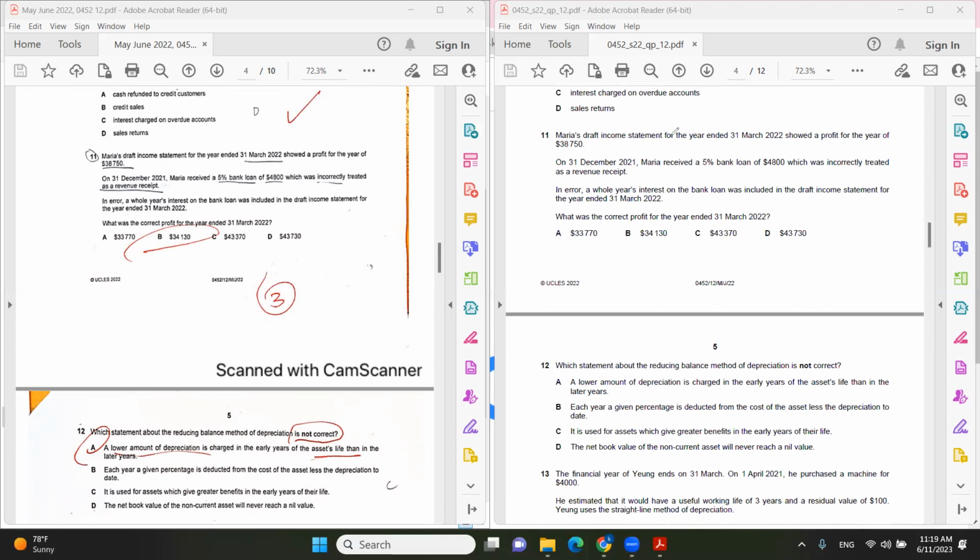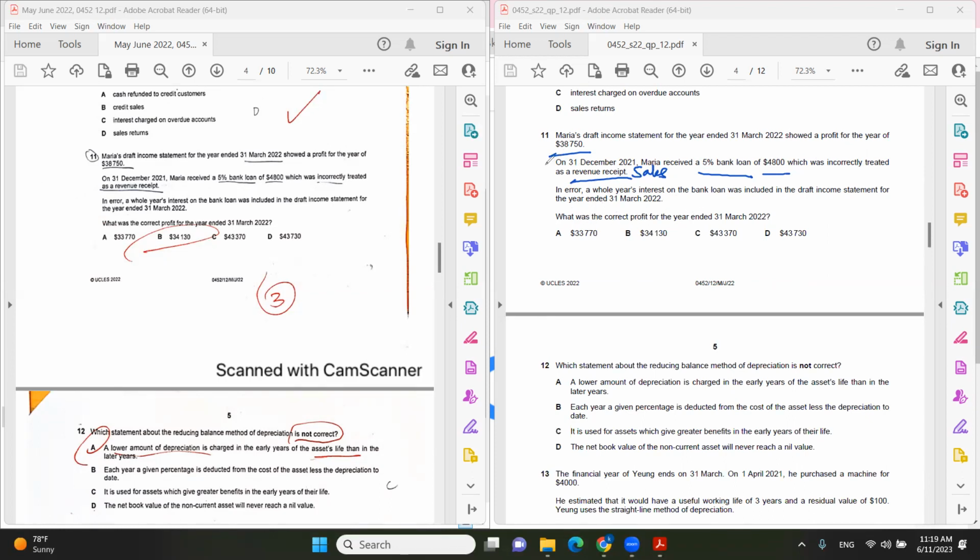Maria drafted an income statement for the year ended 31st March 2022 showing the profit for the year. On 31st December, Maria received a 5% bank loan of 4,008, which was incorrectly treated as a revenue receipt, that means treated as sales or revenue. In error, a whole year's interest on the bank loan was included in the drafted income statement. What was the correct profit?